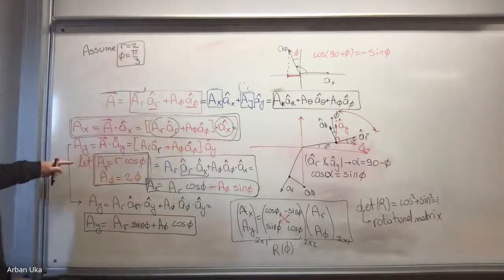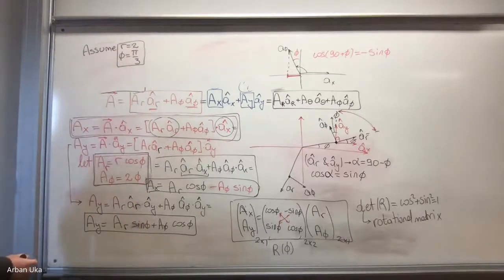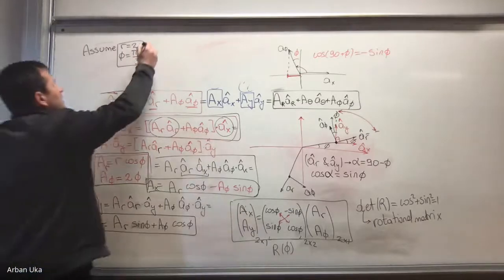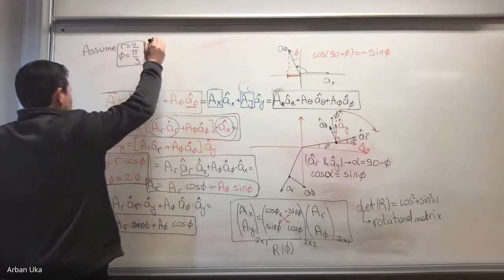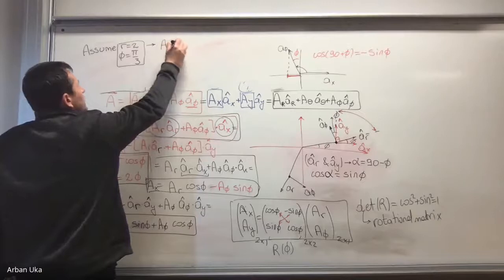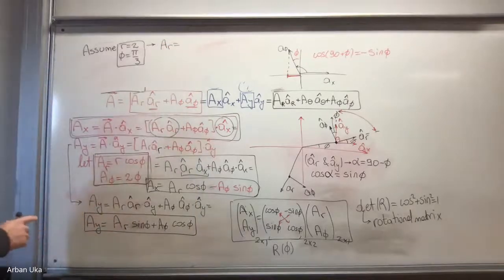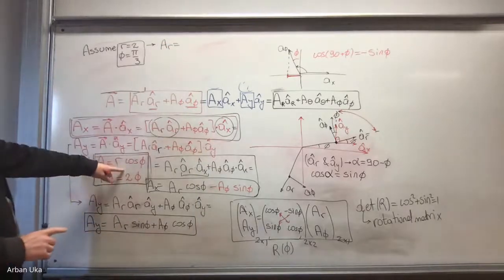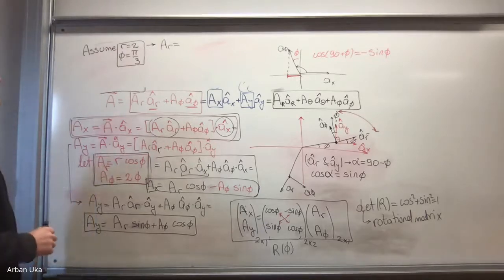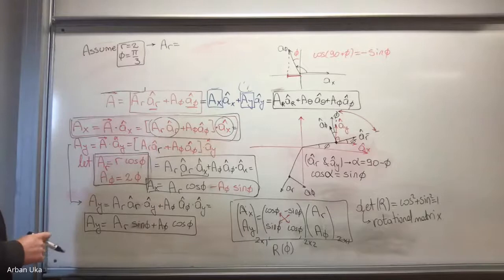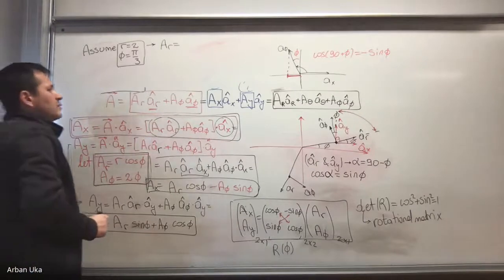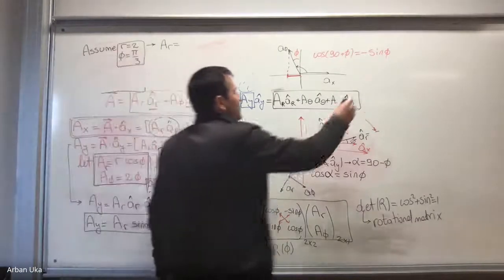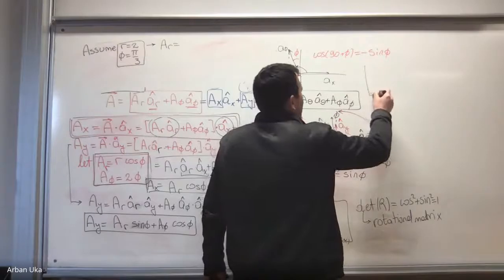So if R is equal to 2 and phi is this value, we can conclude that A_R, the projection, is equal to R, which is 2, cosine 60, because pi over 3 is 180 degrees divided by 3, so we get 60. Cosine 60, what is cosine 60?